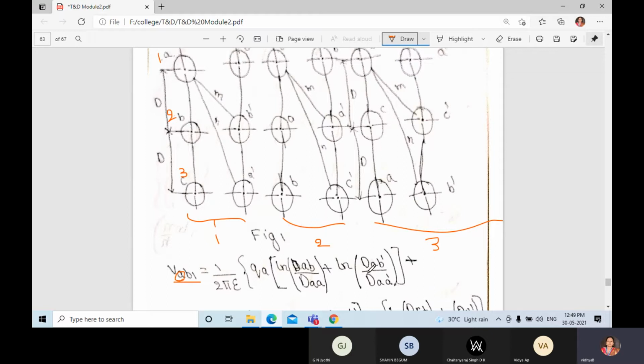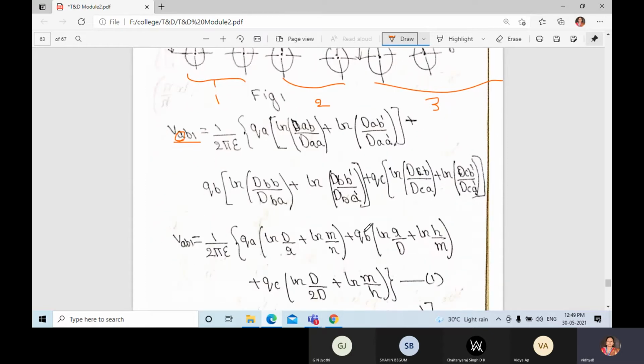Plus QB ln DBB divided by DBA plus ln DBB dash divided by DBA dash. First we consider the first conductor and next the double circuit conductors, that is A dash, B dash, C dash. Plus QC, with respect to C we are writing, ln DCB divided by DCA plus ln DCB dash divided by DCA dash.